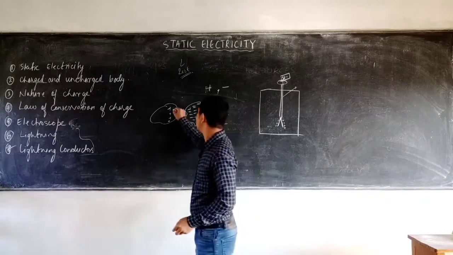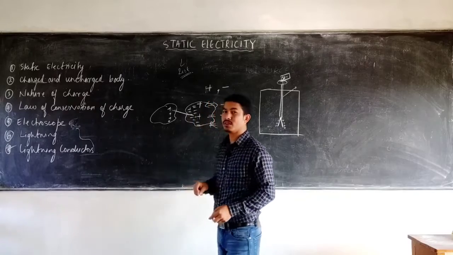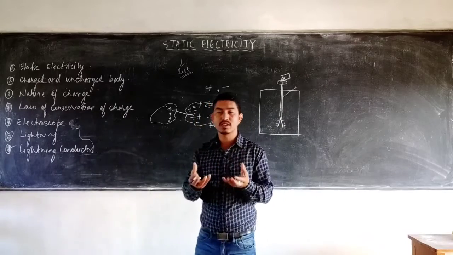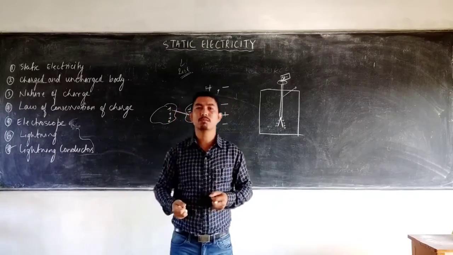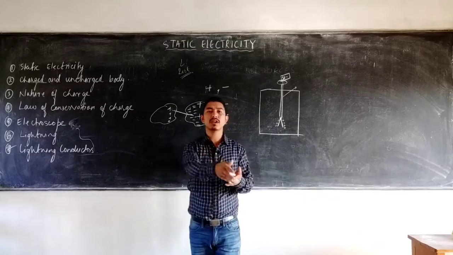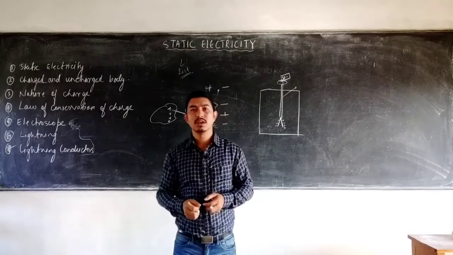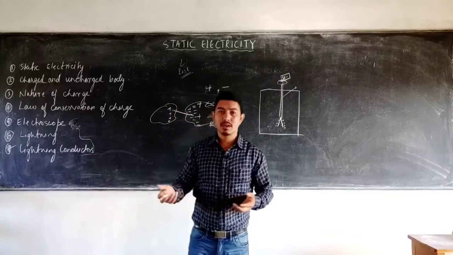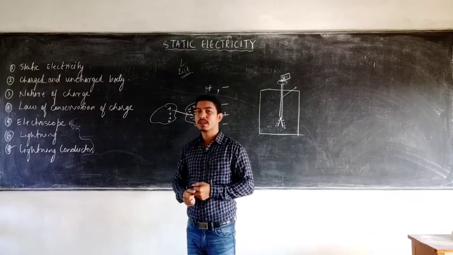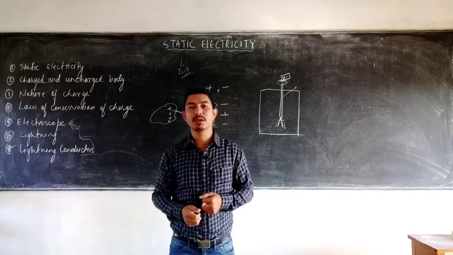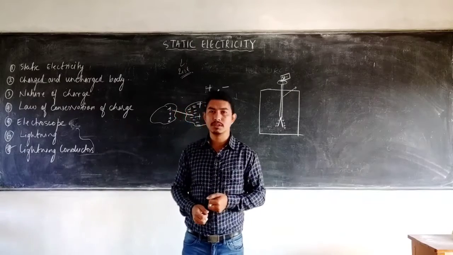There will be a sudden flow of charge between the two charged clouds of opposite polarity. When the charge suddenly flows from one cloud to another, lightning is seen, and we also hear the thunder. Sometimes this lightning can be very harmful to humans.